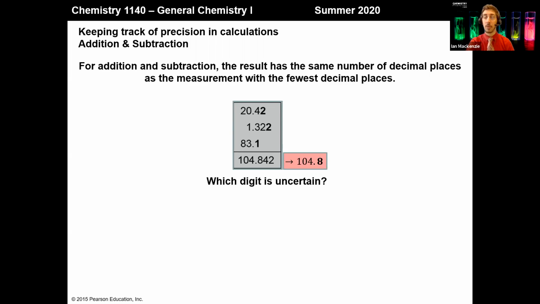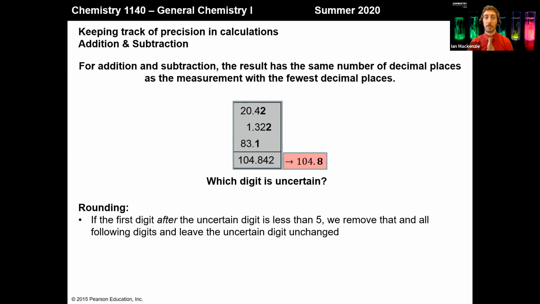Now there is a quick note here with rounding in case you're unfamiliar. For rounding, if the first digit after the uncertain digit is less than 5, we just remove those digits and leave the uncertain digit unchanged. So in this case above, the uncertain digit is the 8. The number coming right after that is a 4. That is less than 5.